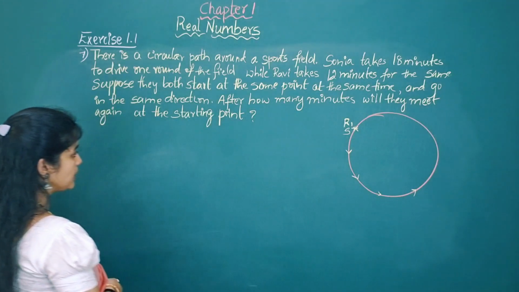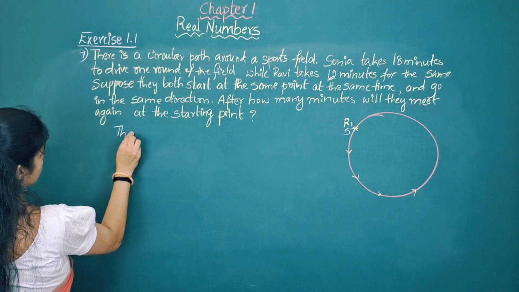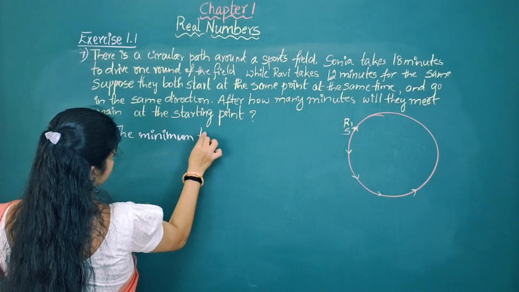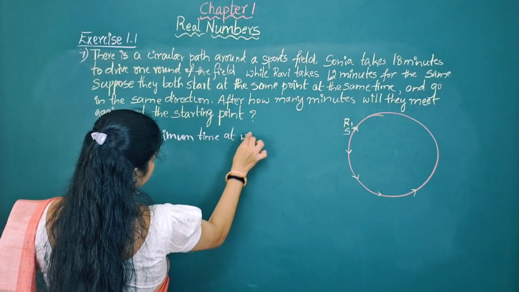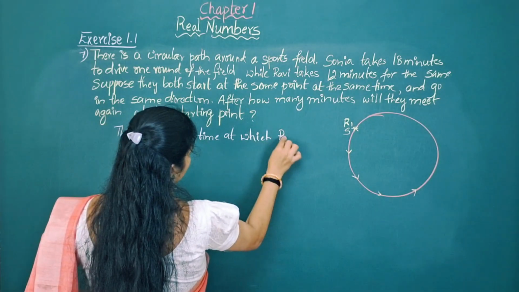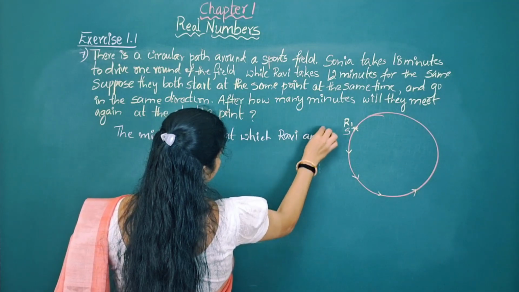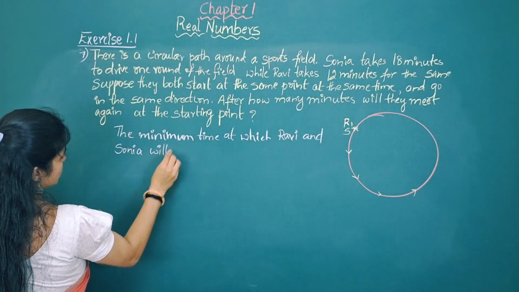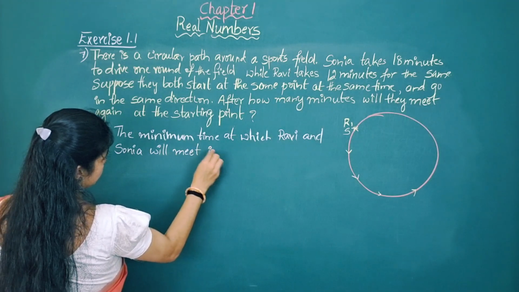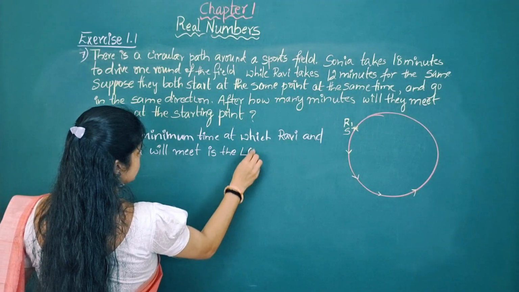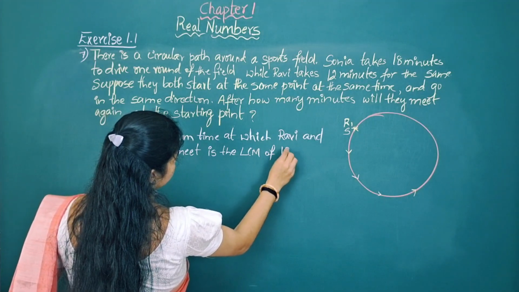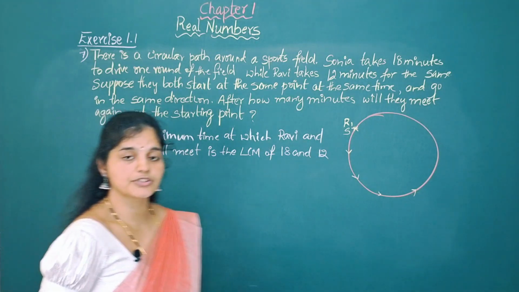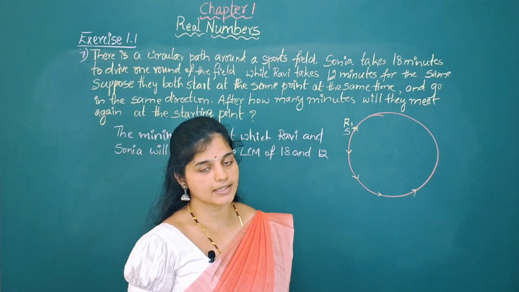So let us write the minimum time at which Ravi and Sonia will meet is the LCM of 18 and 12.